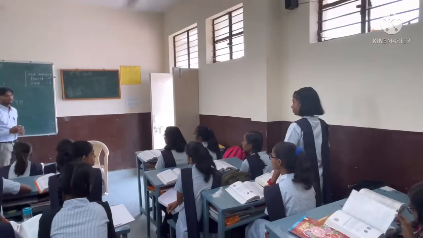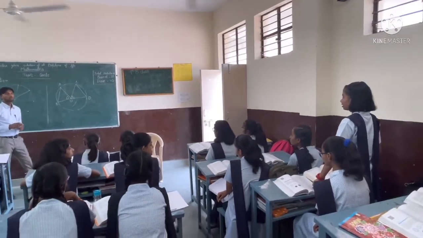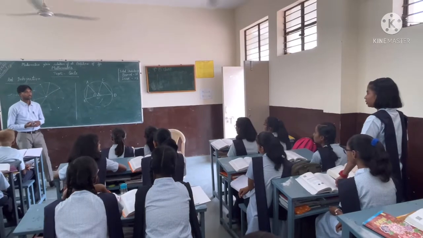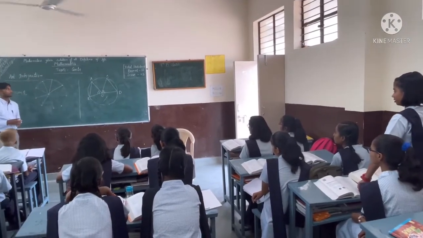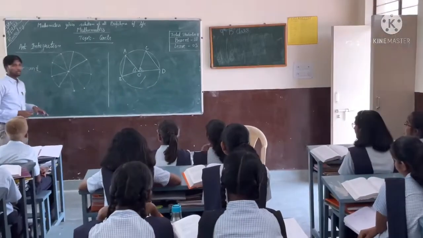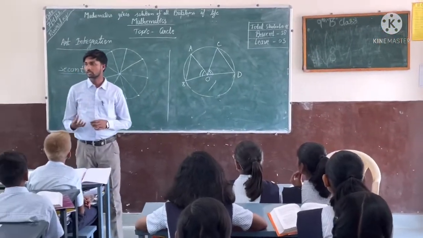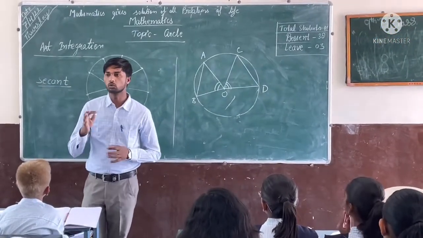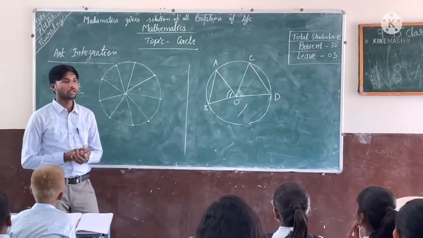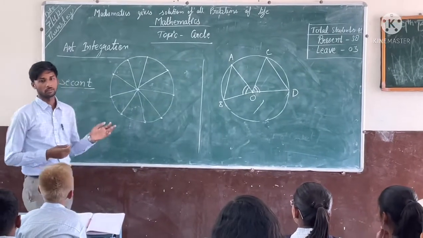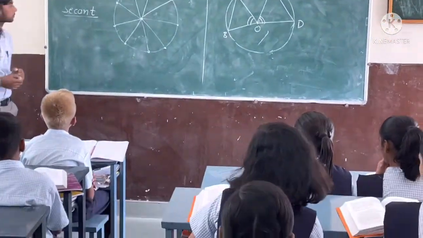If a line passes through a circle, intersecting at 2 points. Very good, sit down. If a line passing through a circle intersects it at 2 distinct points, then it is called the secant of circle.